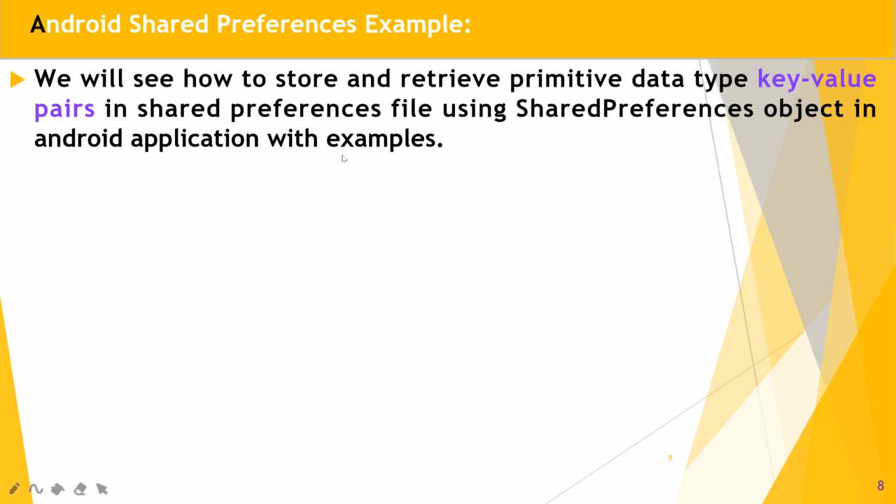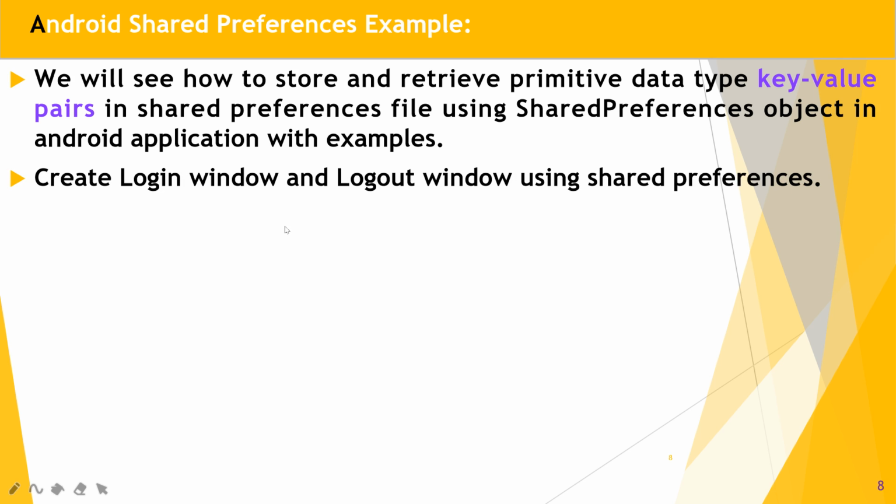First we have to create two windows: one is the login window and the second one is the logout window. When we pass the correct username and password which is stored in the shared preference file, we switch from the login window to the logout window.